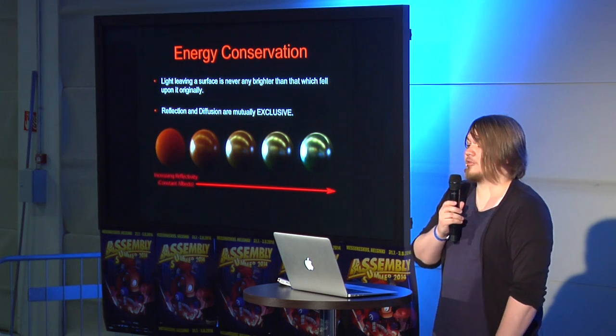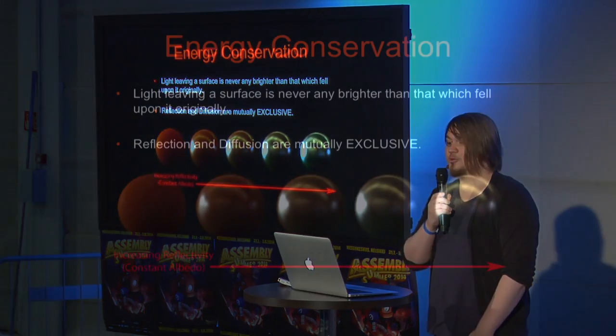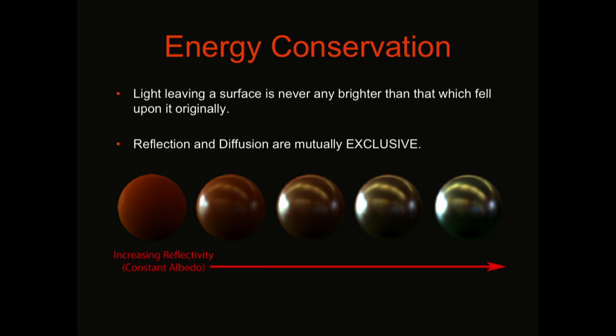So these two basic concepts aren't really that new. If you have been making 3D graphics, you have been making diffuse maps and specular maps. So these are the basic concepts of how these things actually work. But with a physically based rendering system, there's a new thing called energy conservation, which means that the light leaving the surface is never any brighter than that which fell upon it originally.